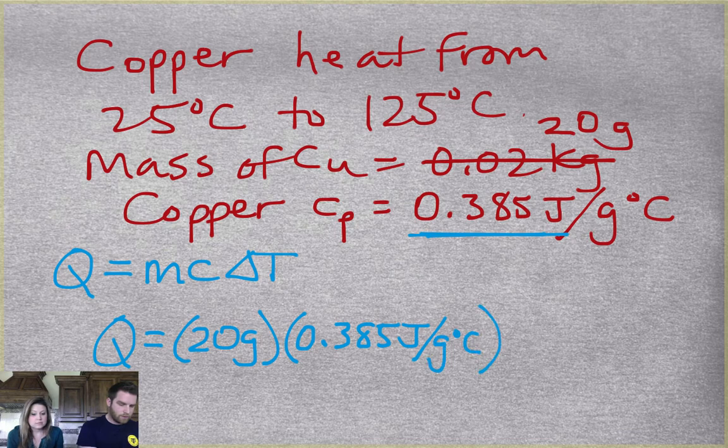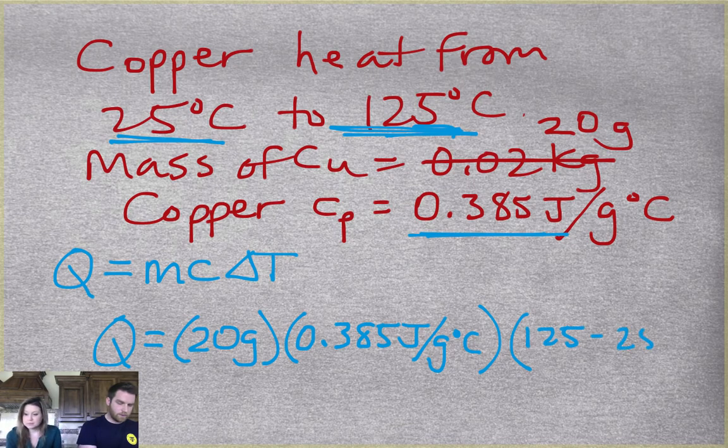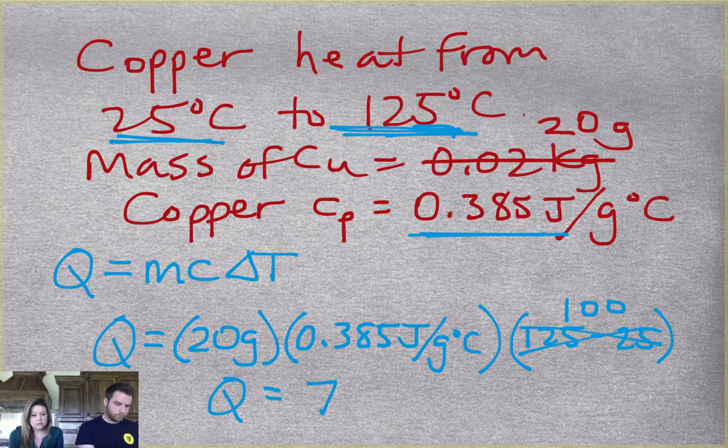Joules per gram degrees Celsius. And what's the change in temperature? How do I figure that out? 125 minus 25 degrees Celsius, the final temperature minus the initial, which would end up being 100. So we'll just call that 100. Multiply everything together, and Q ends up being 770 joules.